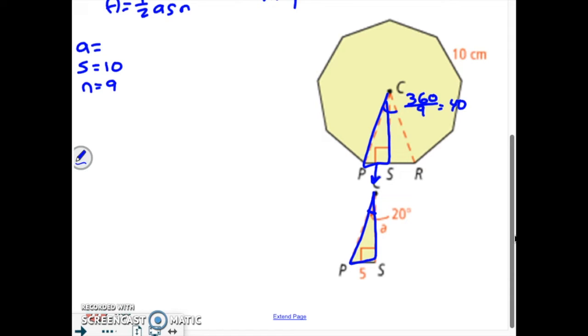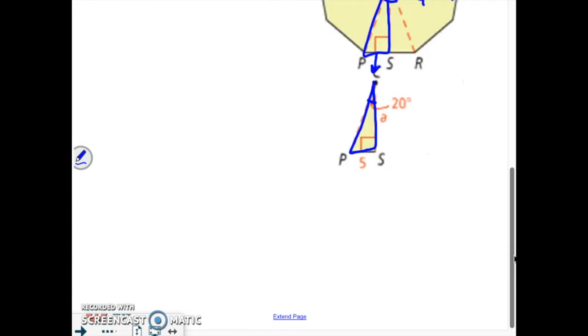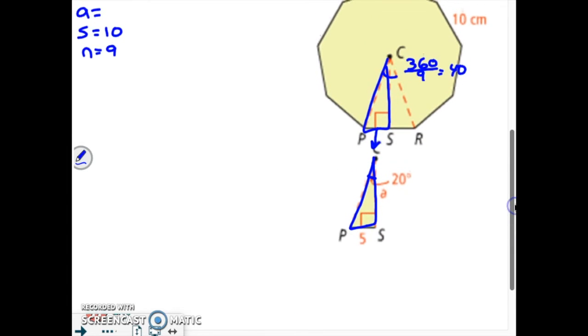So with shapes that aren't hexagons or triangles, we end up with triangles when we do this apothem that are not going to be special right triangles that have shortcuts. So now we have to find this apothem to be able to find the area of this nonagon.